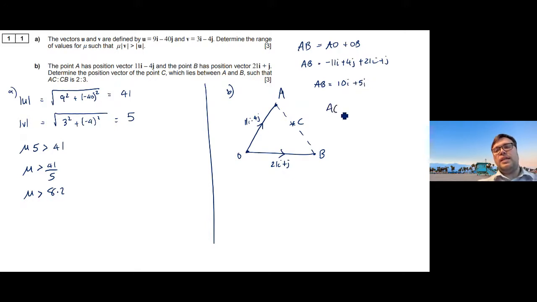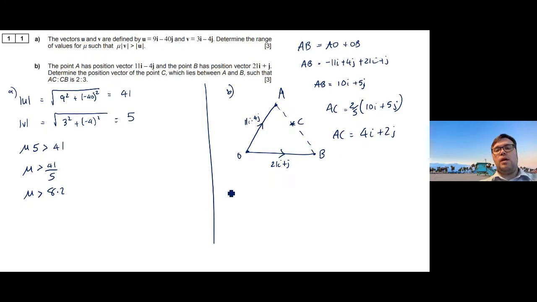If I wanted AC, I know it's in a ratio of 2 to 5 of 10i plus 5j, because it is divided by the total ratio, which is 5, and there are 2 parts in. So AC is then going to be 4i plus 2j.